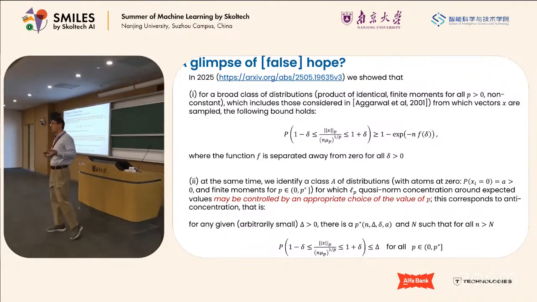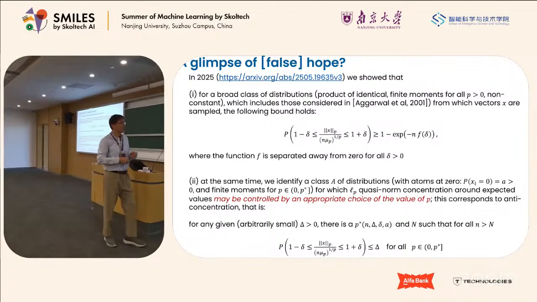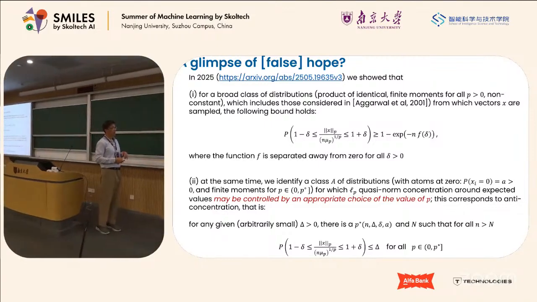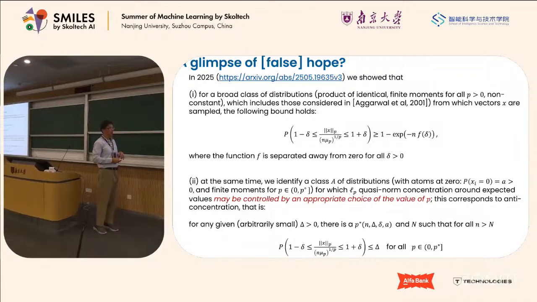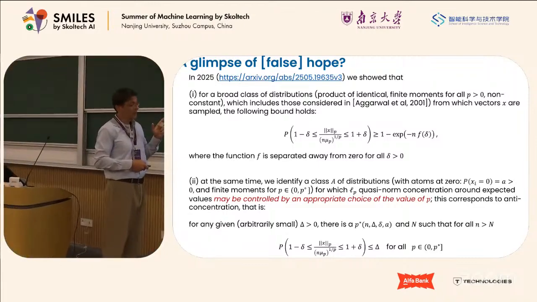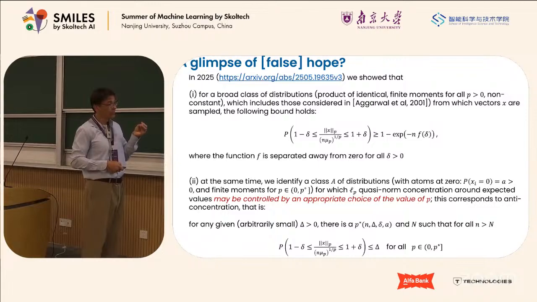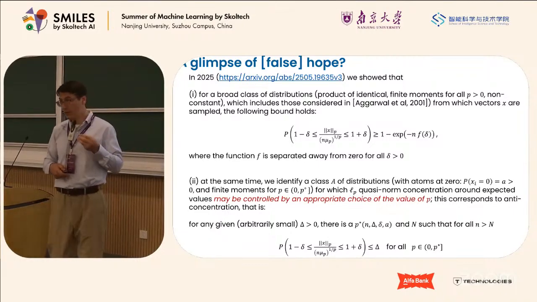For those data, anti-concentration occurs. In fact, what you can say is that for any given, arbitrarily small delta, the probability that you will be within this small delta shell around the surface of the ball is less than or equal to delta.